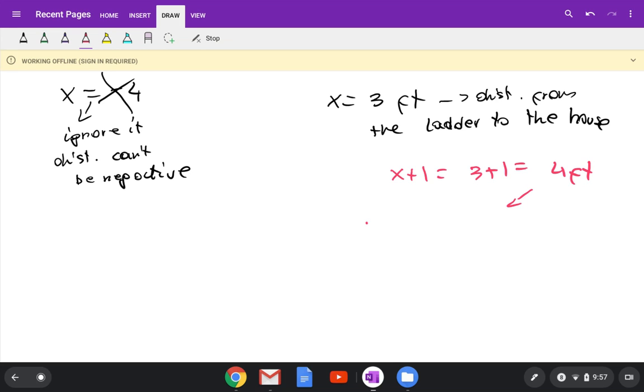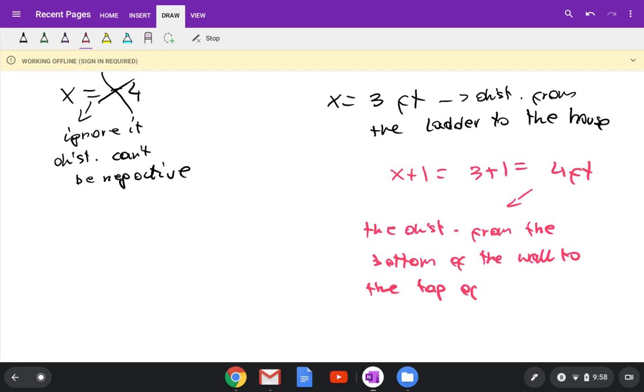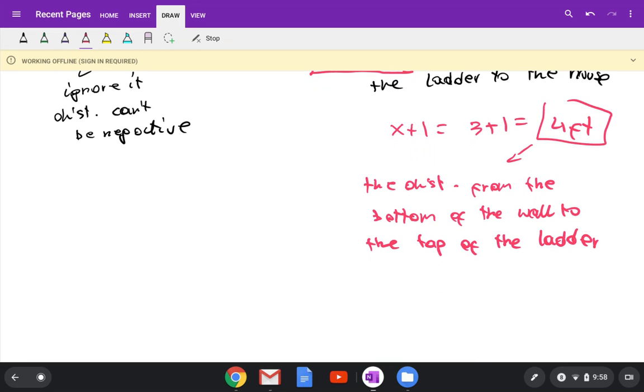So this is the distance from the bottom of the wall to the top of the ladder. And that's it. That's the solution. So we got x equal to 3 and x plus 1 equal to 4. So that's it.